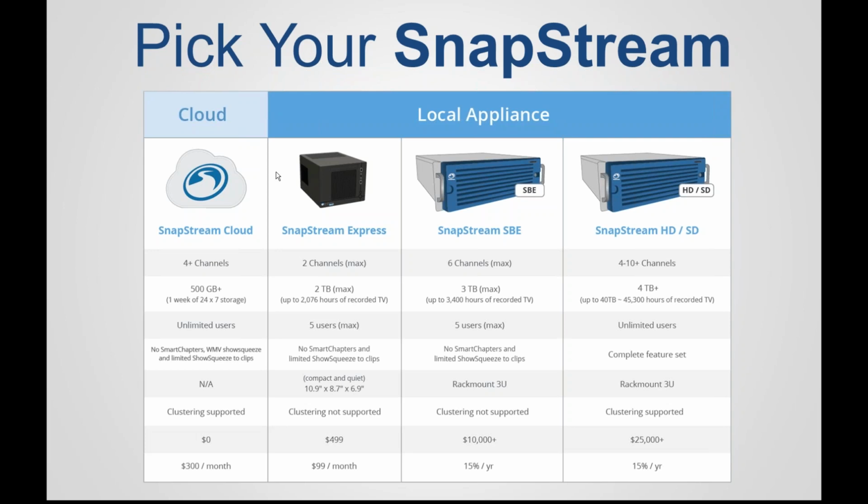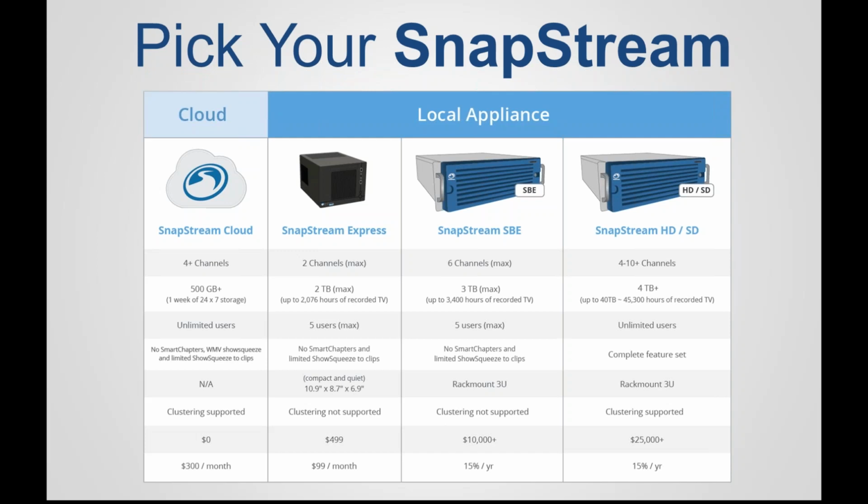And the other new product we have is SnapStream Cloud. This is really useful if you have a team that's dispersed across the country, and you want to work on the cloud versus connecting to a server. If that's your use case, if that's important to you, SnapStream Cloud could be the right solution for you. It's 4 channels.